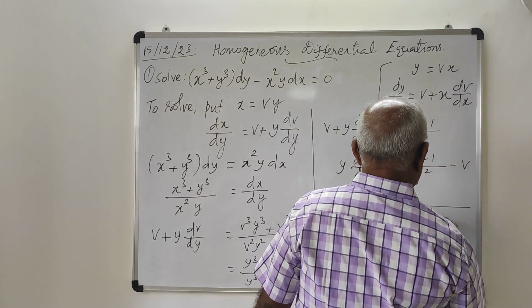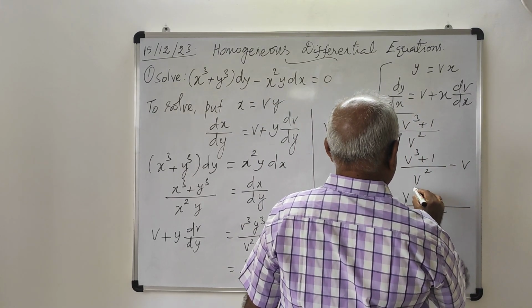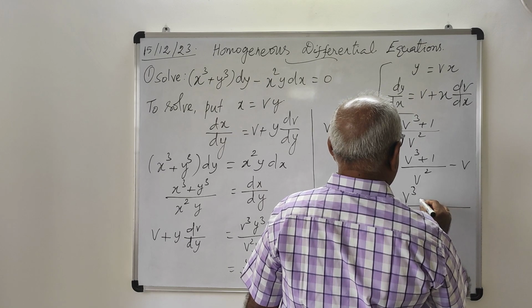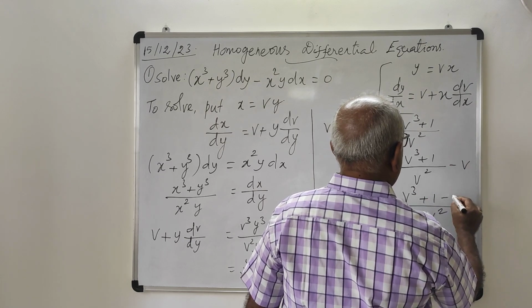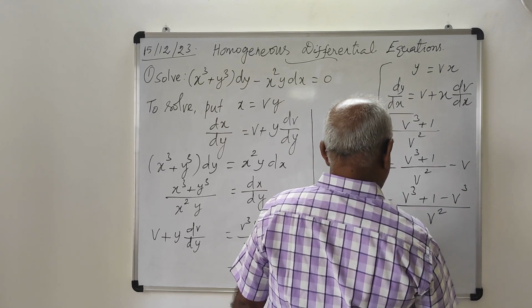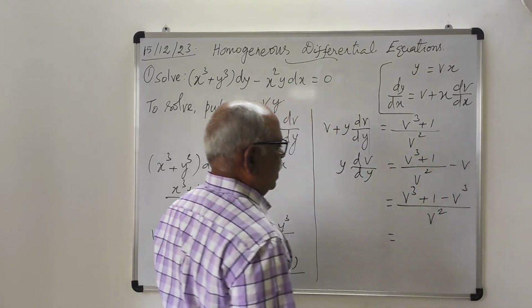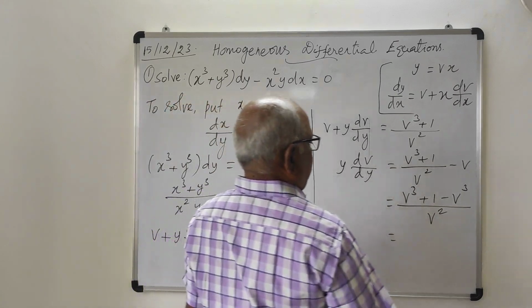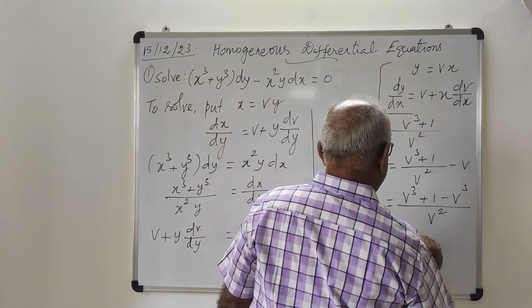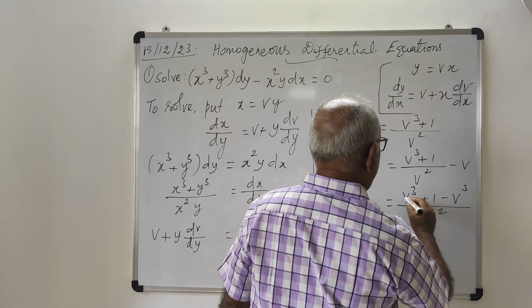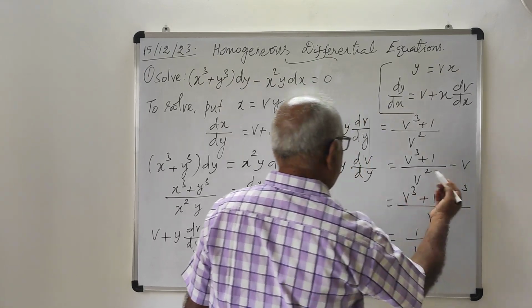Again, you take LCM as v square, you will get v cube plus 1 minus v into v square, which is v cube. By taking v square as LCM, v cube cancels, we get 1 by v square only on the right hand side.